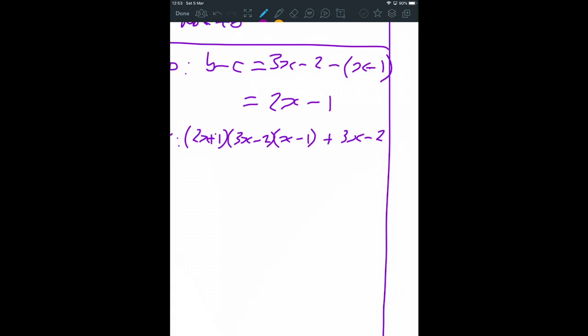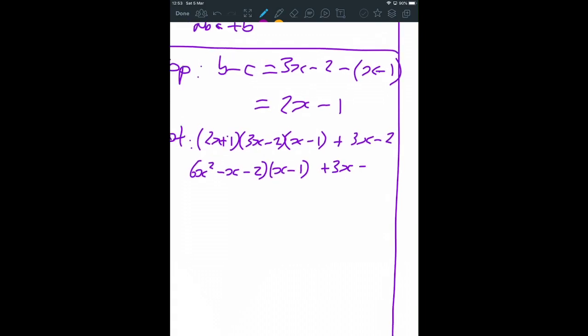So expanding out the first 2, 6x squared, I've got plus 3x, a minus 4x, that was a minus x, minus 2, x minus 1, so it's 3x minus 2. Expanding once again, that gives us 6x cubed from the 6x squared and the x.